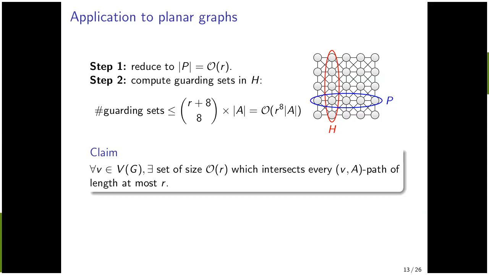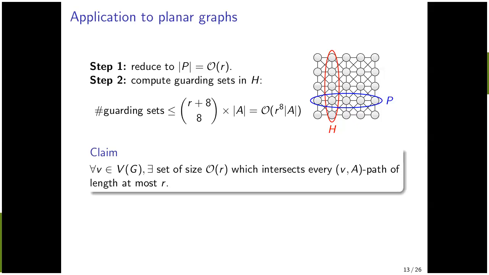Well, it's a set of at most 8 plus 1, so at most 9 vertices of H. But this corresponds in my original graph to 9 copies of a path of length R, big O of R. So every guarding set that I built like this is a set of size big O of R in my original graph.